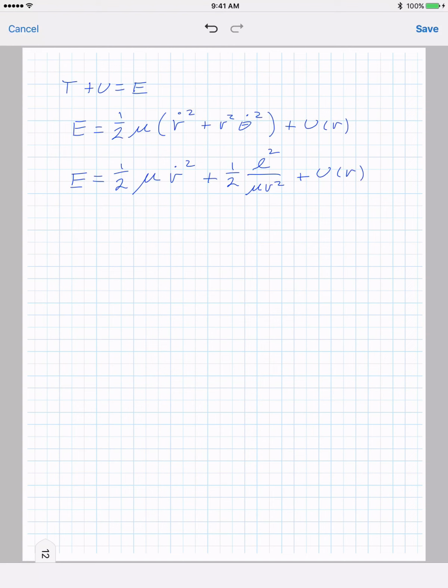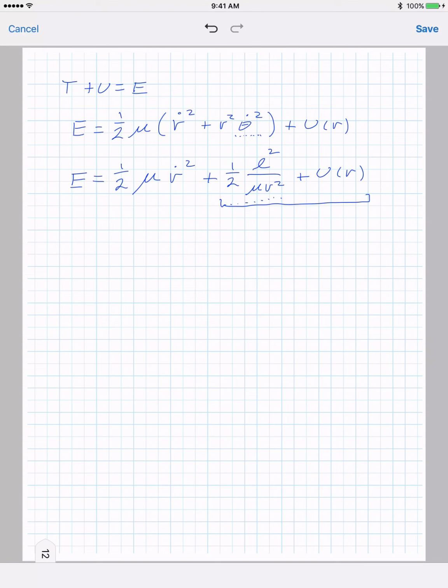All right? What's interesting about this form is that this kinetic energy, which was associated with the theta dot, has now turned into an r-dependent term, which can be added to the U of r. And the U of r was the potential energy of this central force.